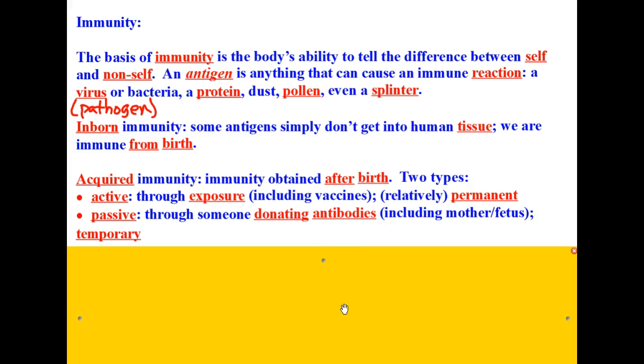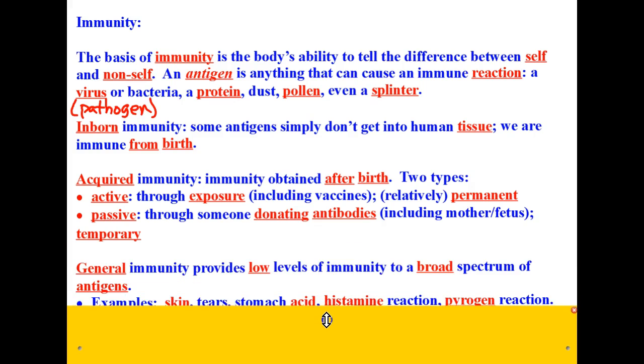Passive acquired immunity is through someone donating their antibodies, including the mother-fetus relationship. And passive immunity is temporary. So active immunity is permanent, passive immunity is temporary.